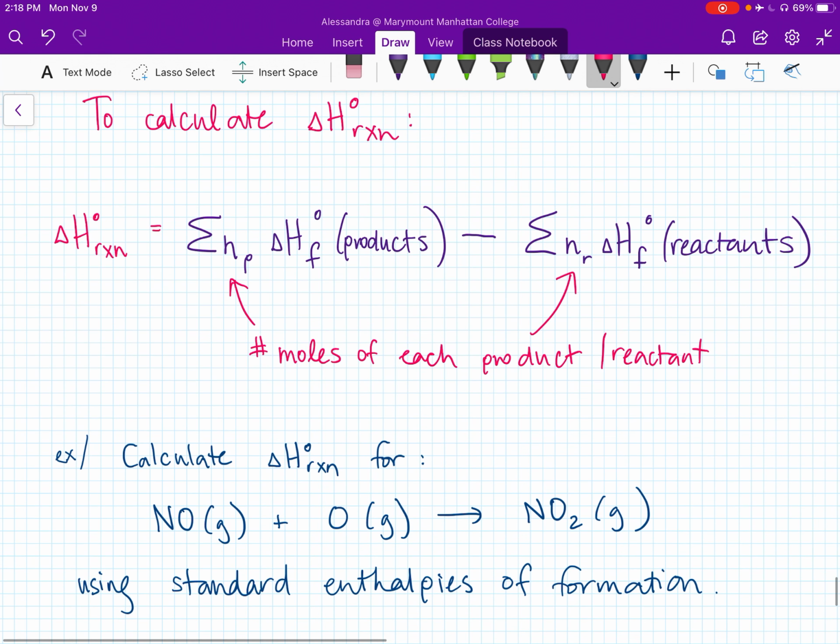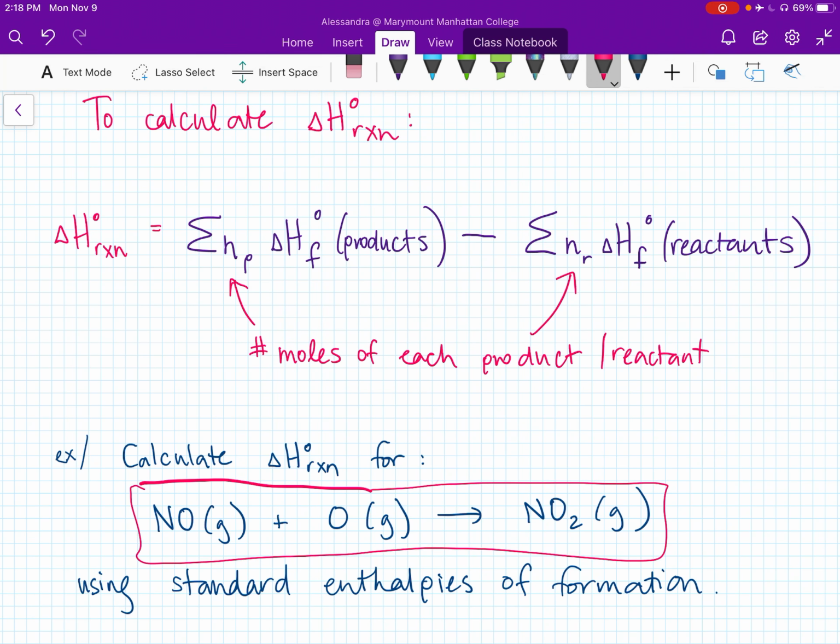The first example I would like to do is to calculate the delta H of this reaction. We actually did this in a previous lecture using Hess's law, and I just want to use this to show that you can use standard enthalpies of formation or Hess's law to figure out the delta H of a reaction.